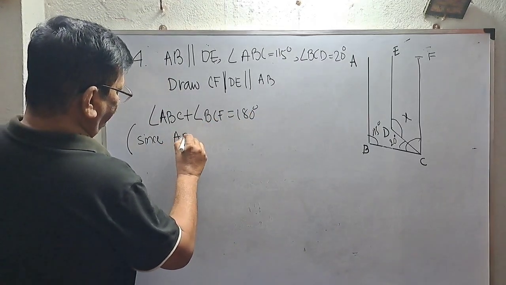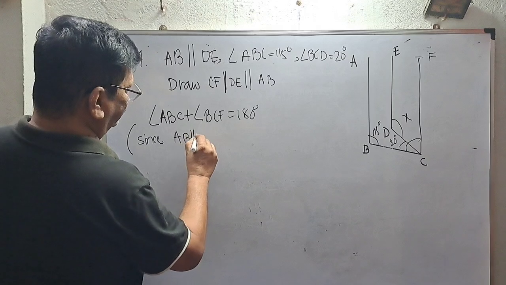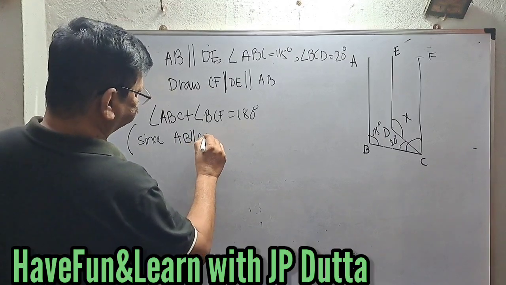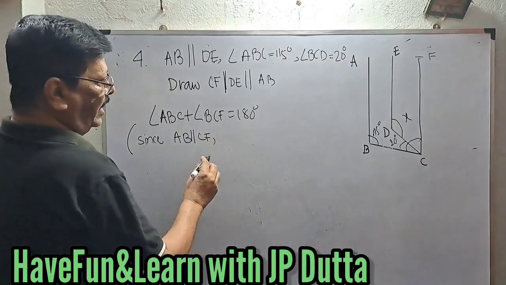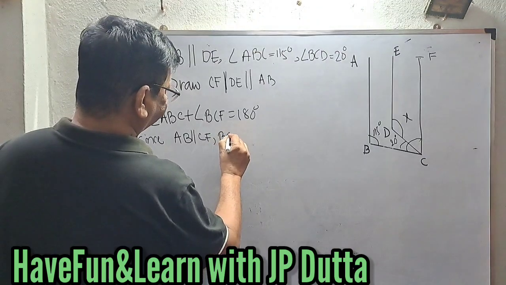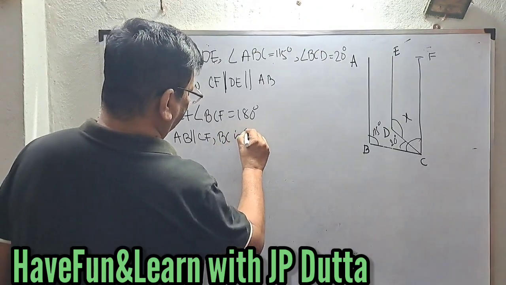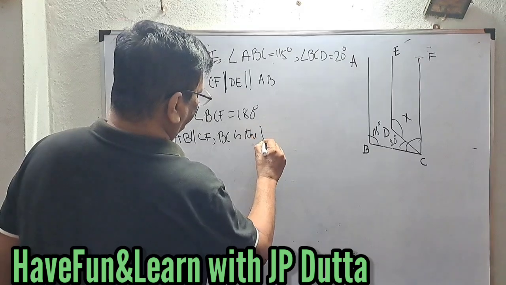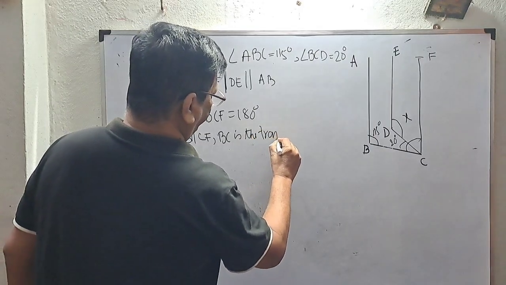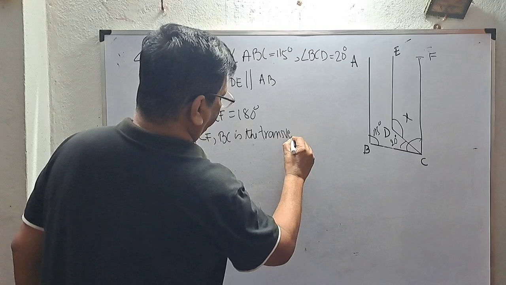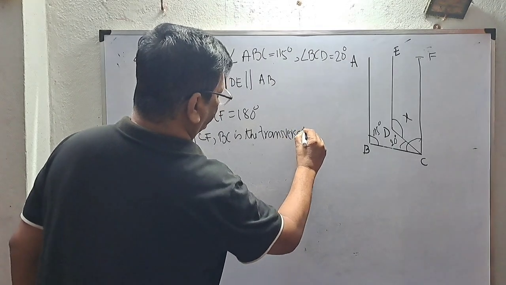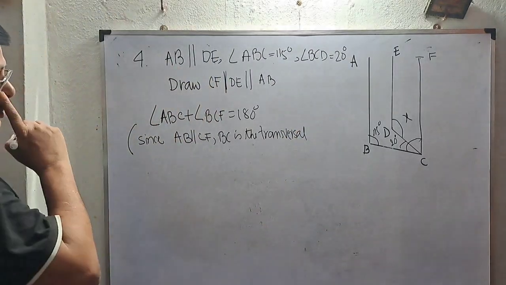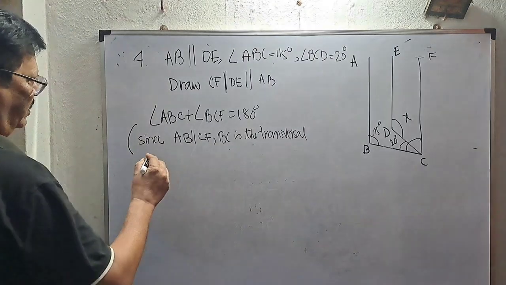AB is parallel to CF and BC is the transversal. Correct? Right. We know the value of angle ABC.